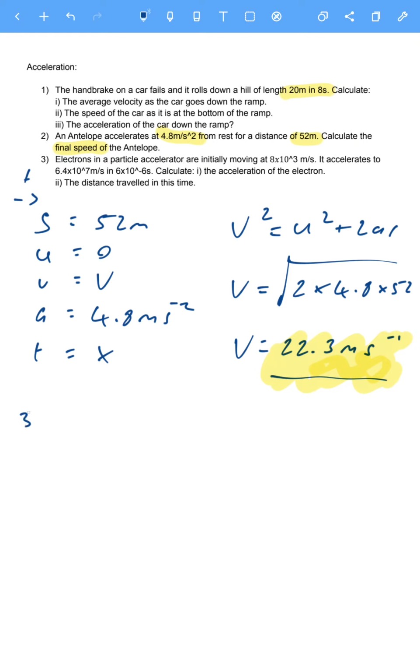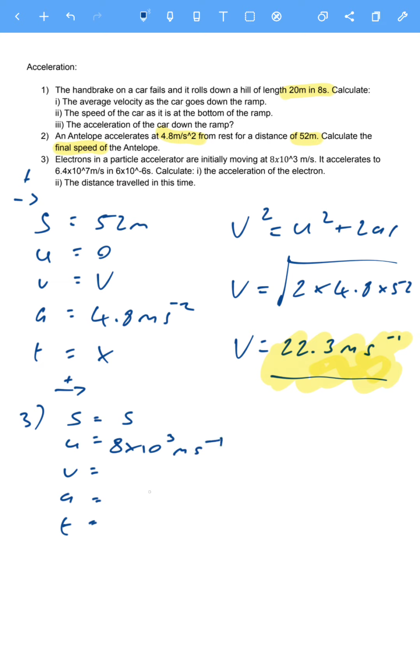So for this one, what we'll do is just write SUVAT, and we can give the direction that the electron's traveling. We'll just say it's to the right. Okay, so the displacement is, well, we need to figure that out for part 2, so let's write S. The initial speed is 8 times 10 to the 3 meters per second.